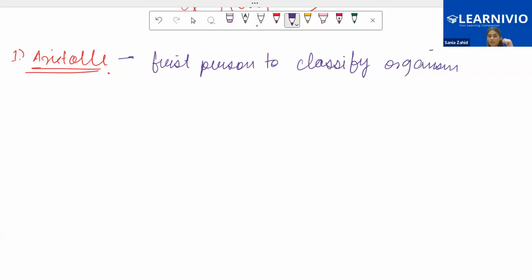Whenever I tell you about any scientist or any biologist who attempted to classify organisms, we study three things: the name of that person, then what was the basis of classification.